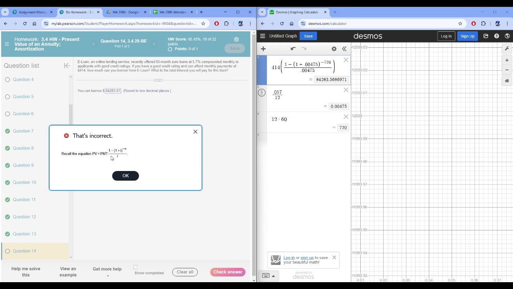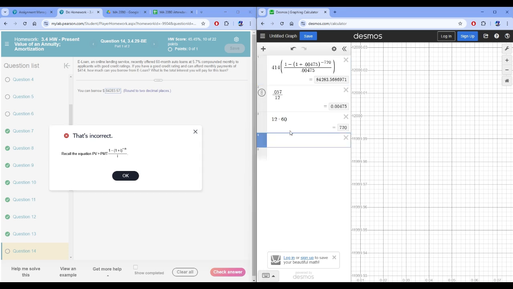My payment is $414. 1 minus 1 plus I. I is 0.057 divided by 12, which is 0.00475. And then N. Oh, 60 months.